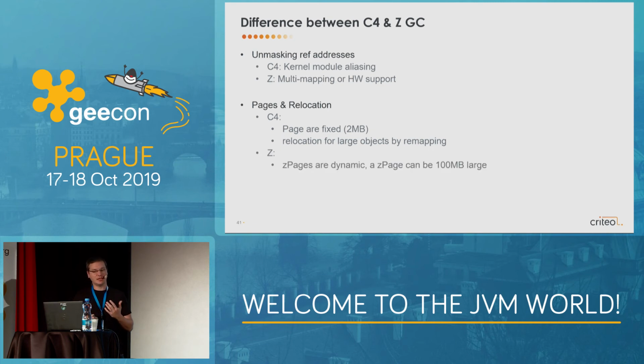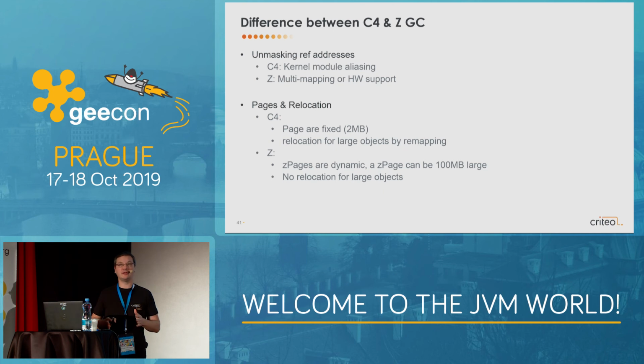For ZGC, pages are dynamic, up to 100 megabytes, and large objects are not relocated, they stay where they are, like in G1, like humongous objects. They don't move those objects because it's too expensive. But otherwise, basically the same.